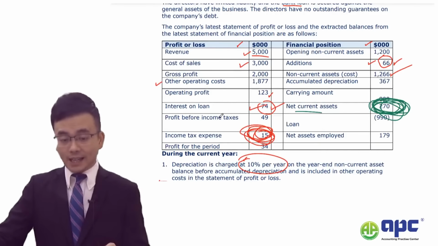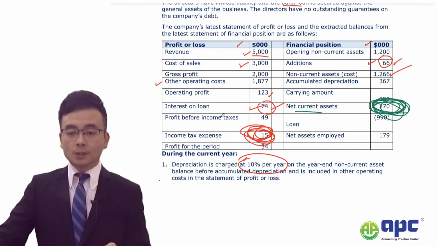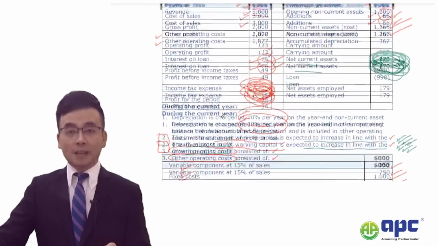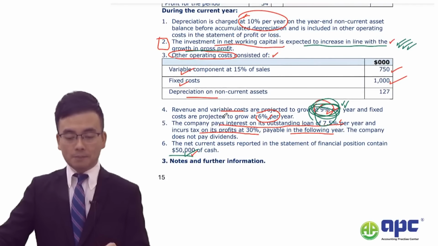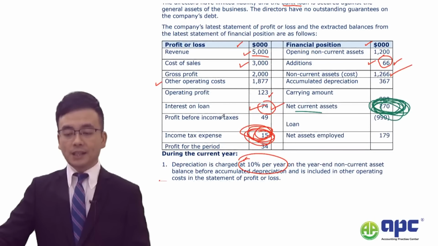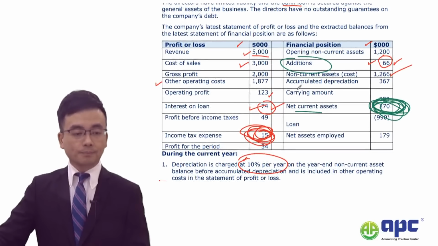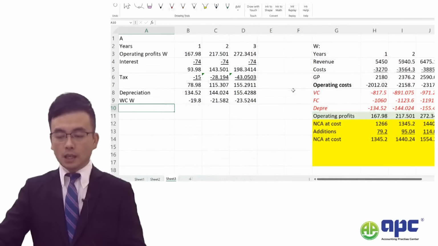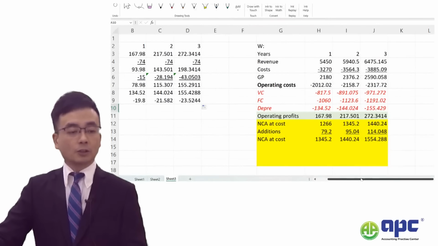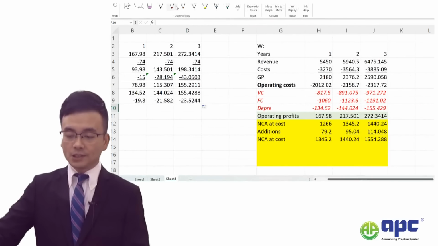Well, the answer is yes, because we will also need to see the investments that we will need to make in the project. Don't forget about that. Because as we can see, we've got the additions. So, if you can recall the additions, you just calculated here.